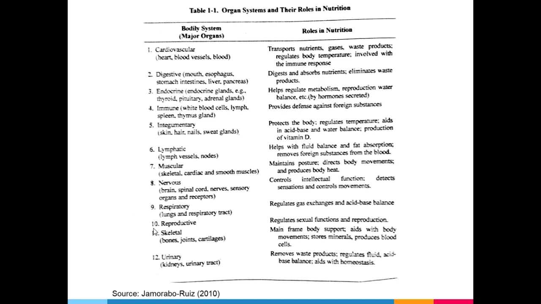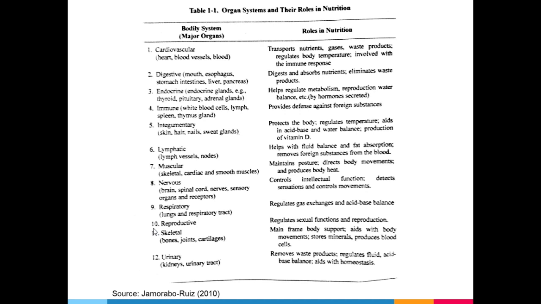Okay? The urinary system is involved in the elimination of excess water as well as waste products of protein metabolism, which is urea, and other excess nutrients. If there are too many vitamins or too many minerals, they can be released through the urine.